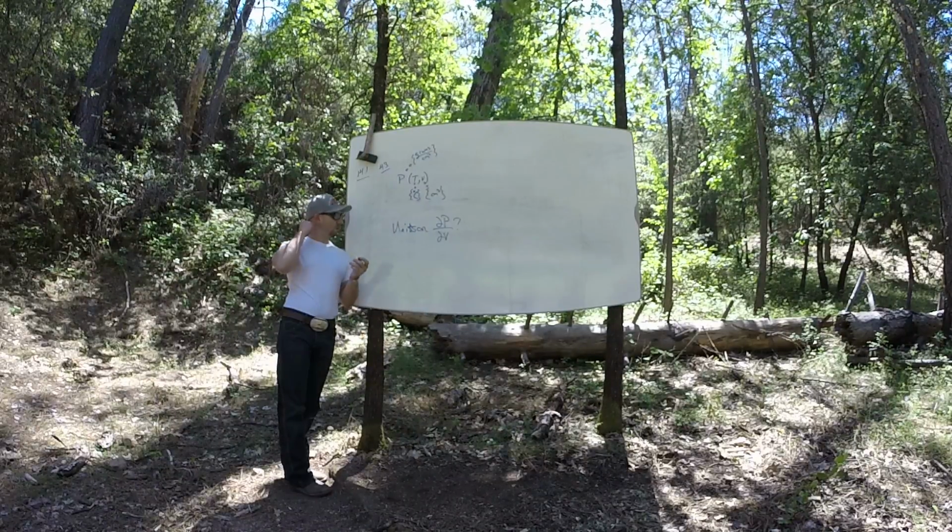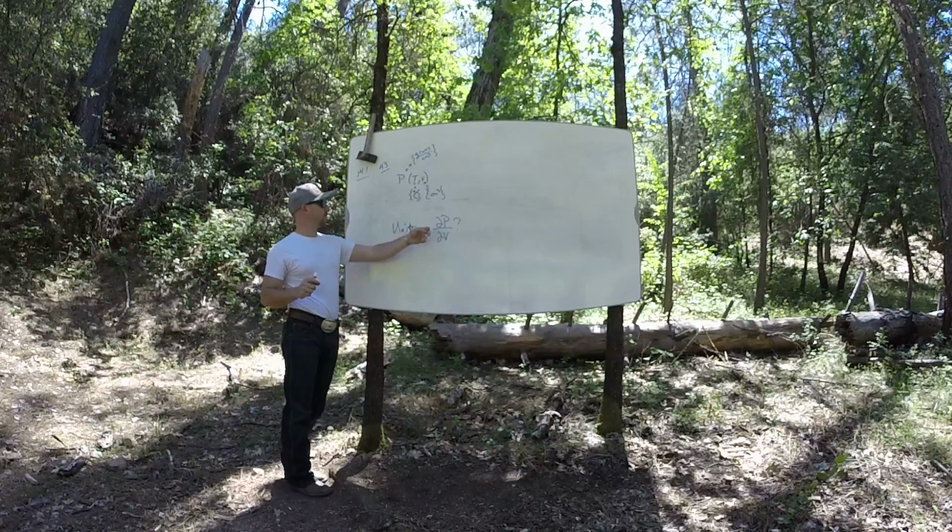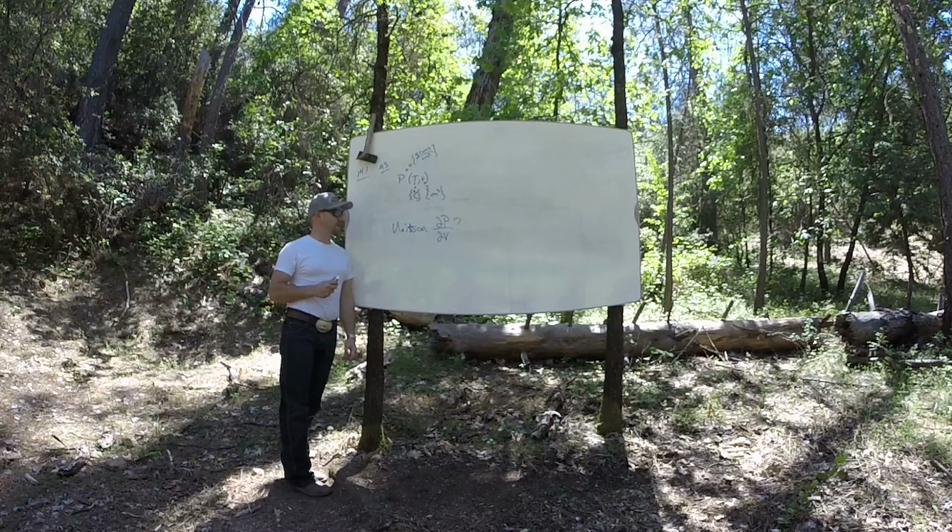So I want to know, what are the units on the partial of P with respect to V? Grams per centimeter to the 6th.